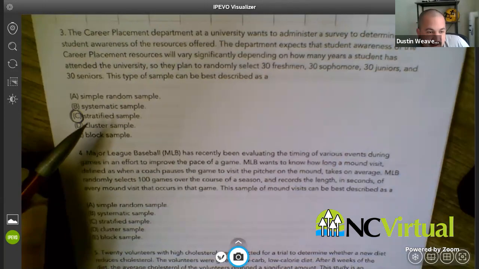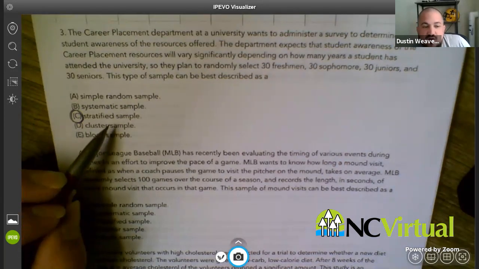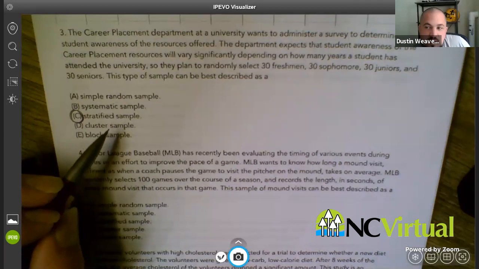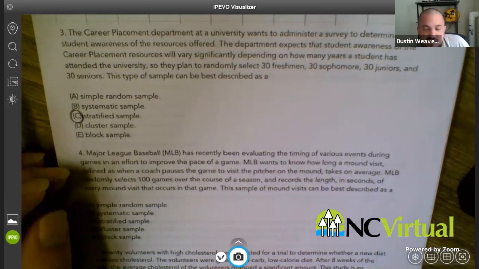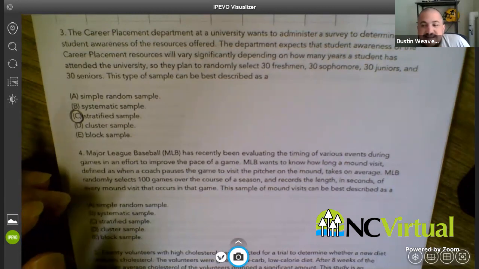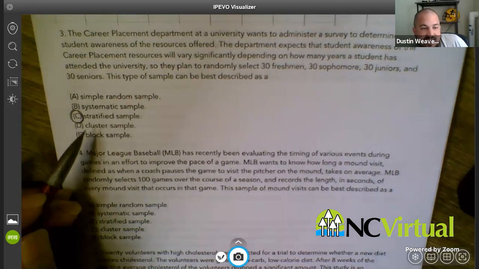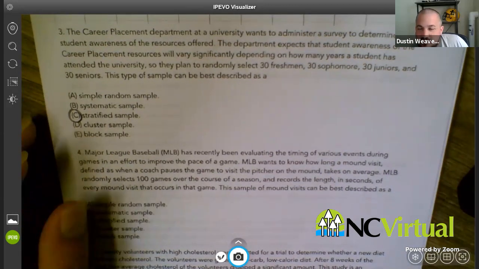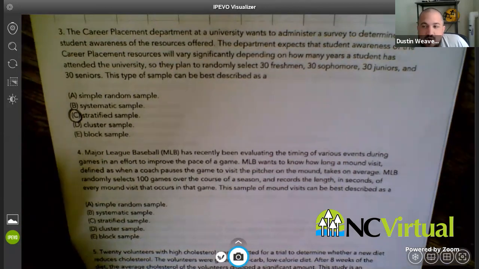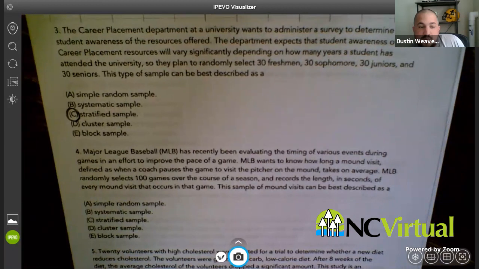That would be systematic. Stratified, we just talked about. A cluster sample is when you split people up into groups based on where they already are, and then you randomly select some of those entire groups. And then a block sample only occurs in an experiment, remember. So blocking is only in an experiment, and it would only be after you have collected your sample.